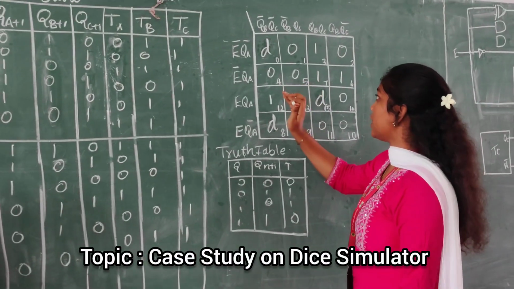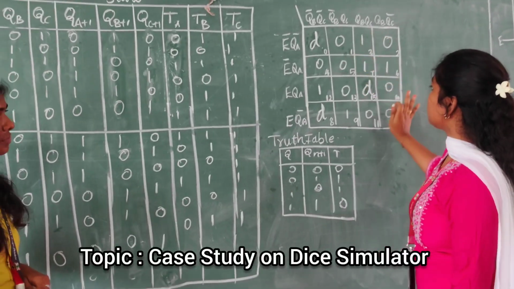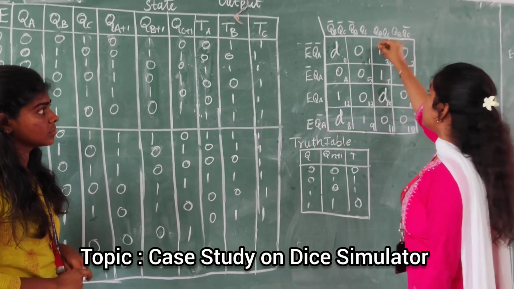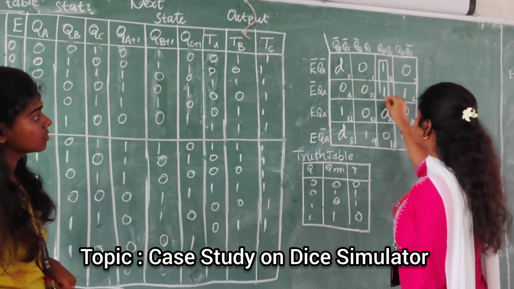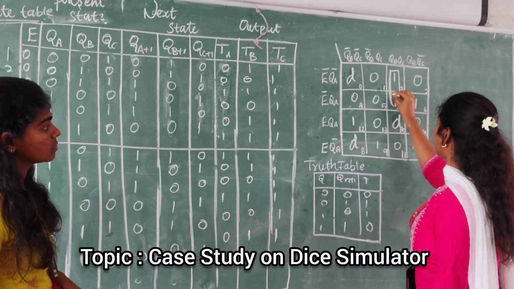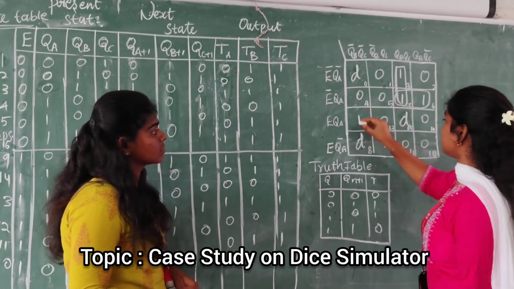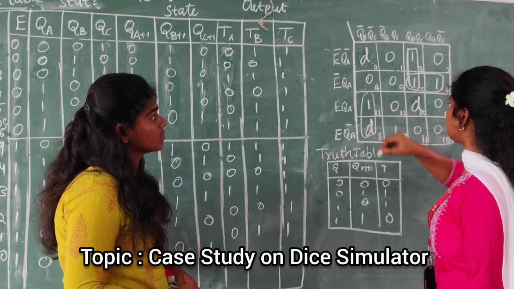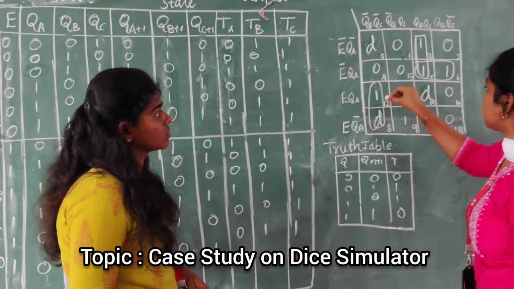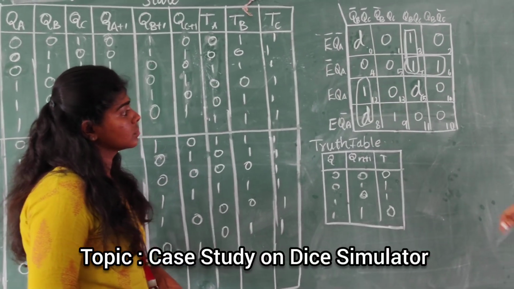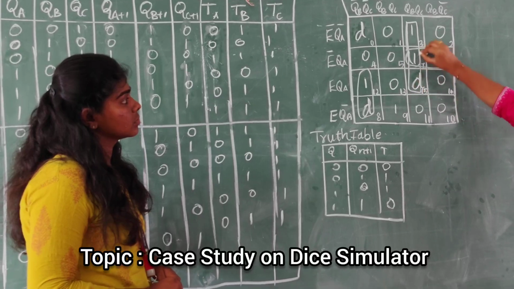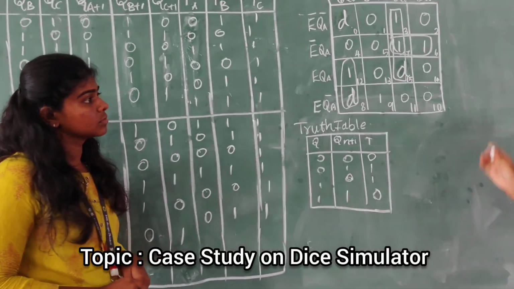Now we have to take pairs. There is no quad, so we take a pair. This is one pair, this is one pair, and this is another pair.